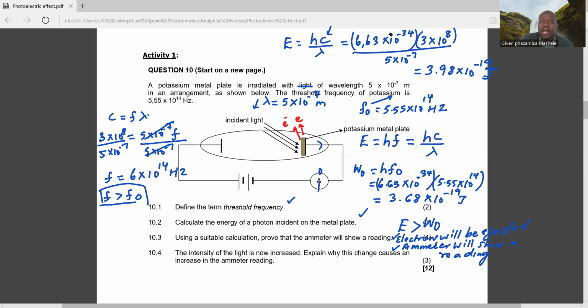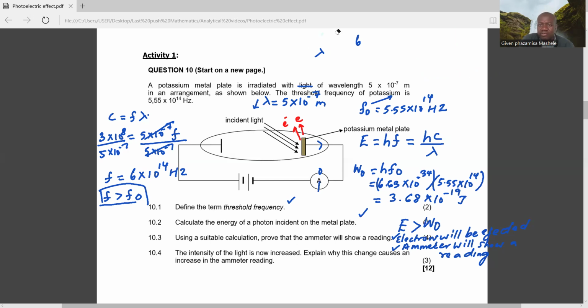Right, now let's move on and try to answer the last question, 10.4. It says the intensity of light is now increased. Remember, I spoke about intensity, or the brightness.